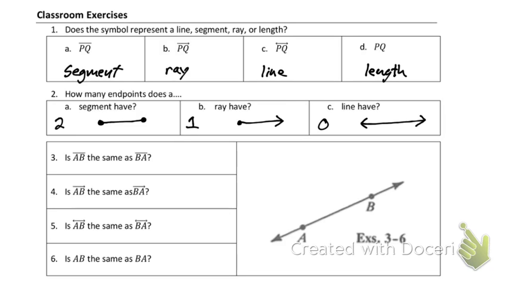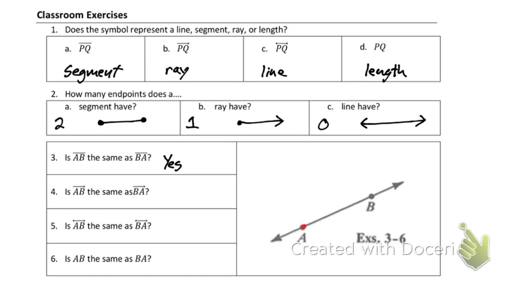Awesome. All right. We're looking at this picture here. Is segment AB the same thing as segment BA? Are those two things the same thing? Yes, they are. And they are because, let me draw a picture for you.